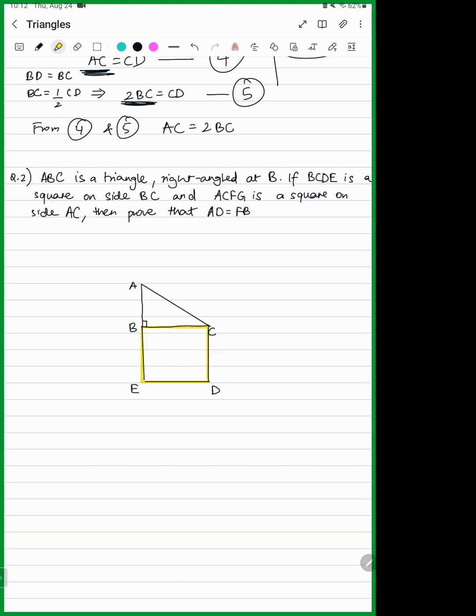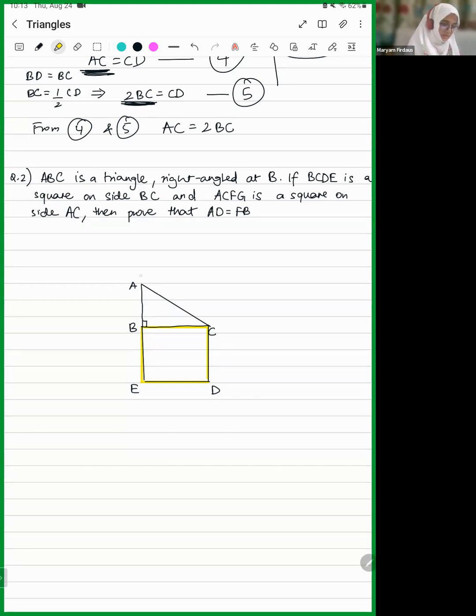So on AC you are going to have another square.